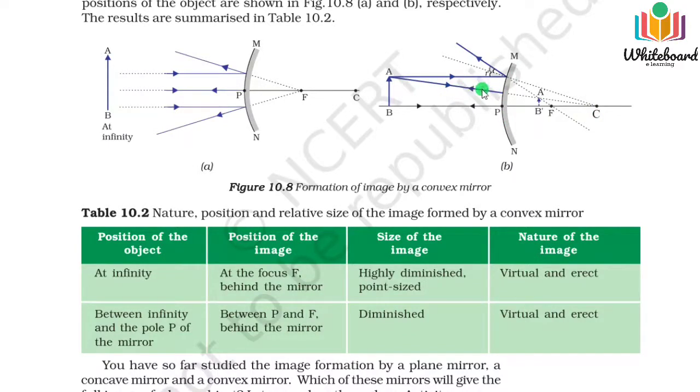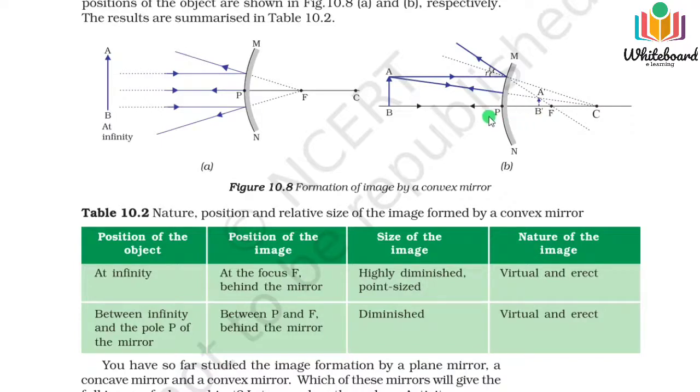If you extend these two rays behind, they will meet at this point, and at this point an image will be formed, that is AB. This is the actual object and this is the image of the object, and the image will be formed in between P and F.